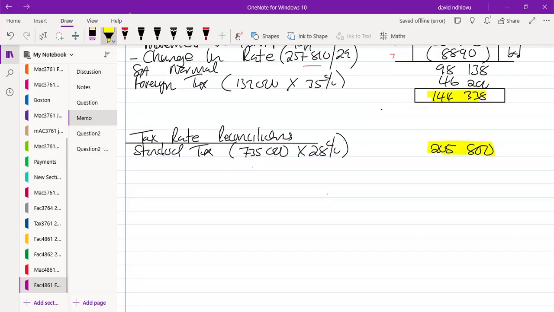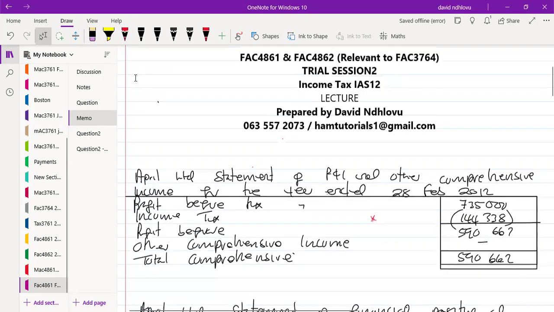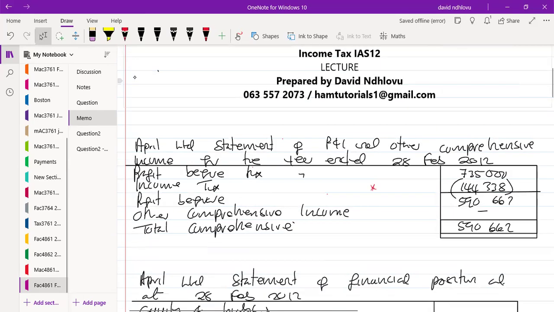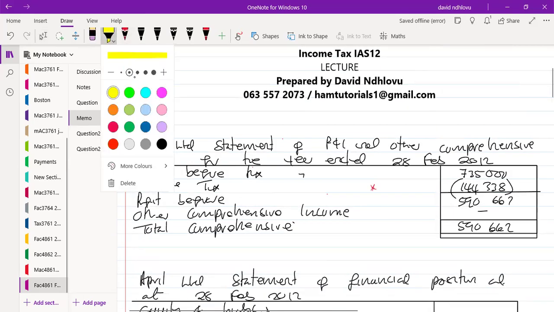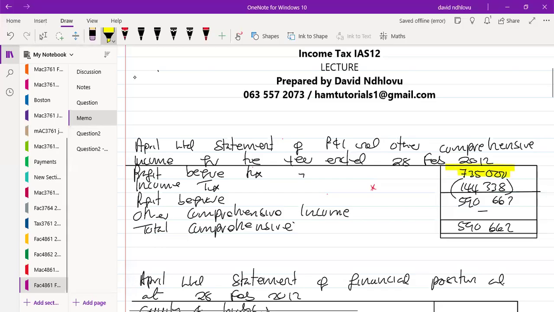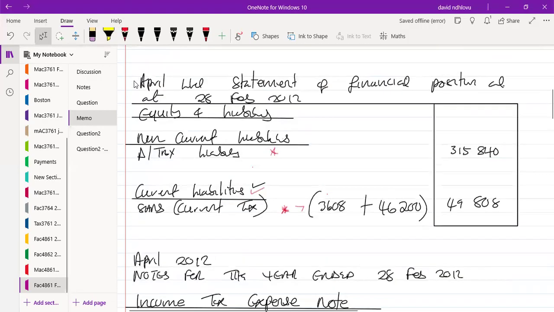So we just want to check ourselves and say, can we see where the differences came from? That's what we want to do. Right, to say if we take our profit before tax, which is that value, and multiply it by the current ruling tax rate, does it give us this amount? If it doesn't give us this amount, what are the reconciling items?